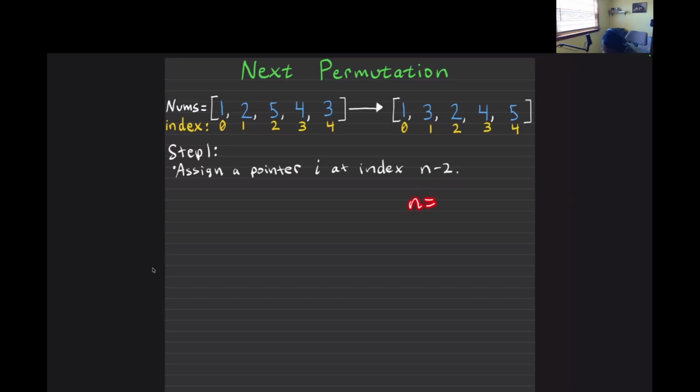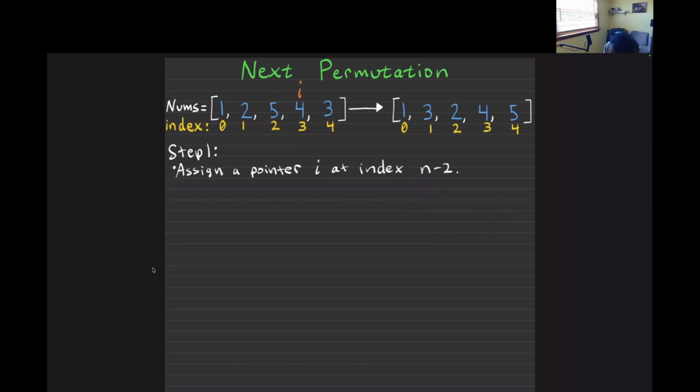So n is equal to the length of nums, and in this case, this gives us 5. 5 minus 2 gives us 3. So we set a pointer at the second to last index, and I'll call this i.